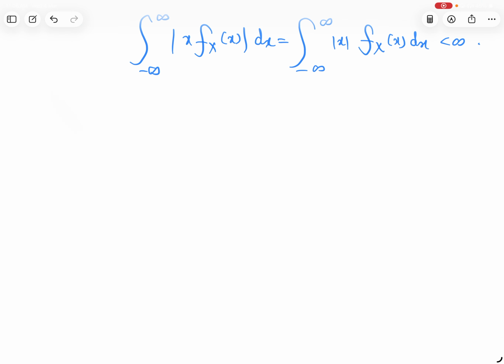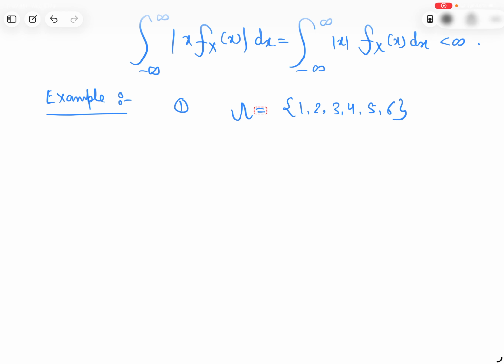Example: take the sample space 1, 2, 3, 4, 5, 6, and take the random variable on this. The probability is 1 upon 6 for each term.